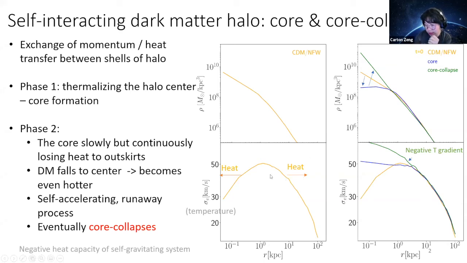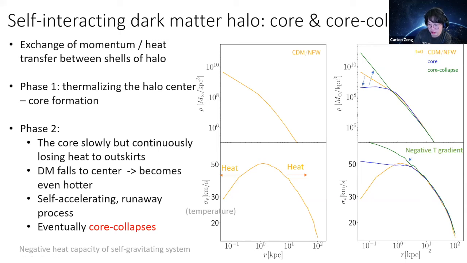So think about this scenario. If a dark matter particle coming from the hot inner part scatters off another colder dark matter particle from the outskirts, the inner particle loses heat to the outer particle because of the two-body scattering. It cannot remain at its current orbit.